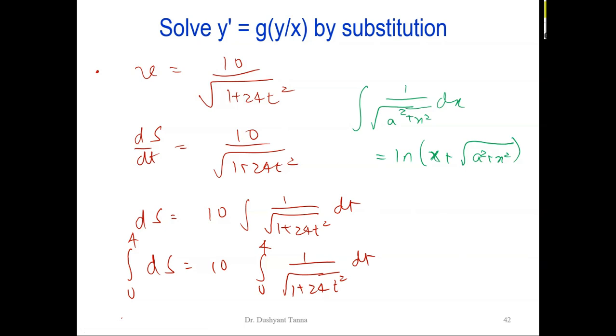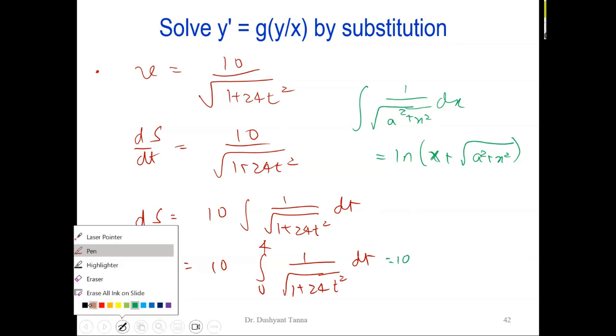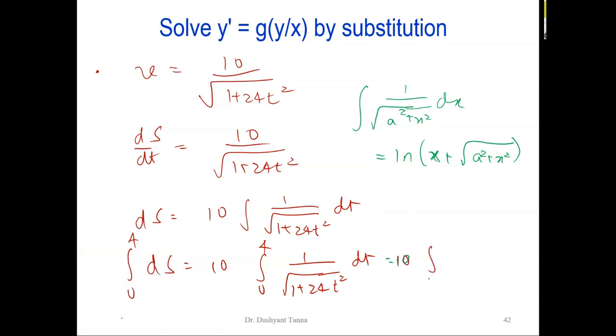Now, one more thing. This was for x, this is for 24. So the multiple of this, if you want, you can write one more step here: 10, 0 to 4, 1 over the square root of 1 plus square root 24 t whole squared dt. So the multiple of x should go down.